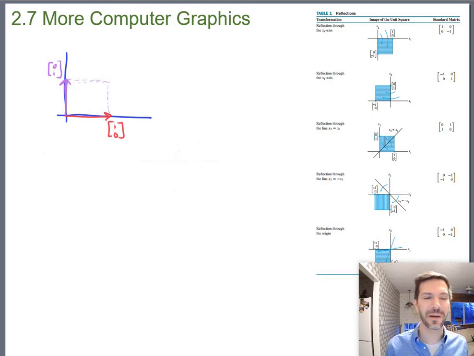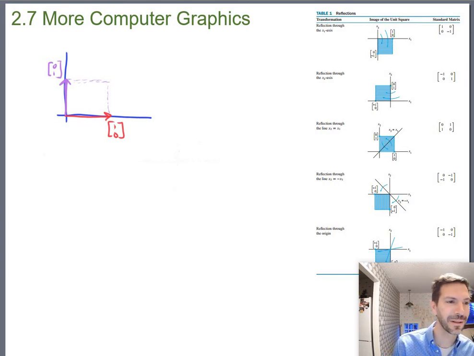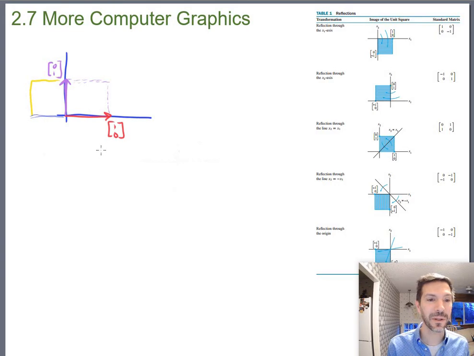Then you say, oh, let's see, if I want to maybe have that flip over the y-axis, or the x2 axis, whatever you want to call it, and have it end up over here, then the big question really just becomes what happens to 1, 0 and what happens to 0, 1.